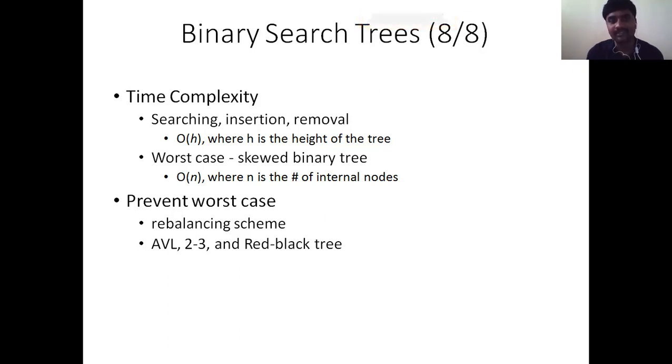Second, the worst case skewed binary tree is O of n, where n is the number of internal nodes. How can we prevent the worst case? We can use rebalancing schemes such as AVL, 2-3 and red-black trees. Then we can remove the worst case scenario in a binary search tree.